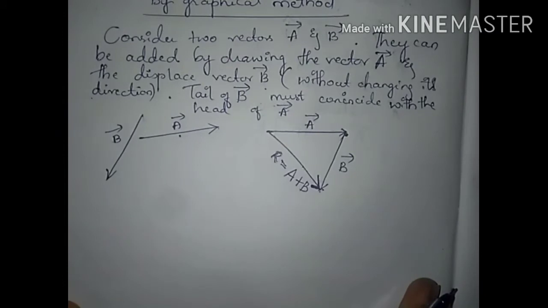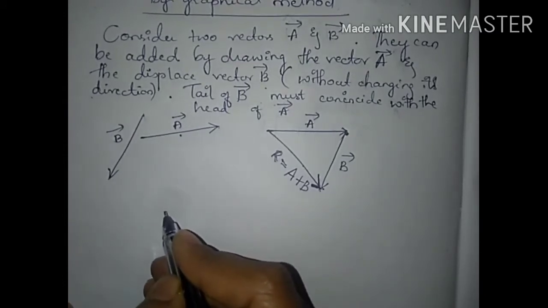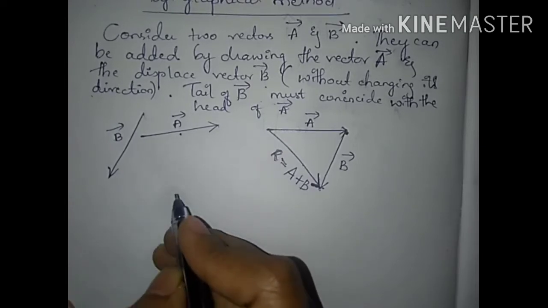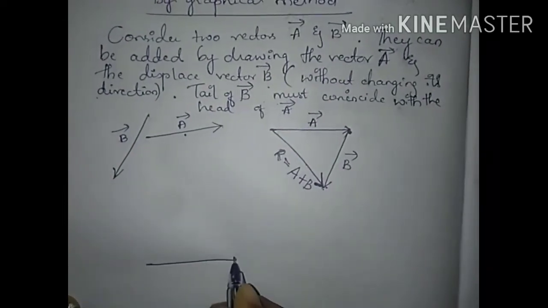Now let's suppose you have vector B and A, and you have to find the resultant vector from B to A. Then what will you do?